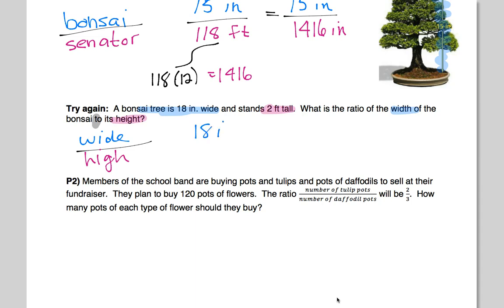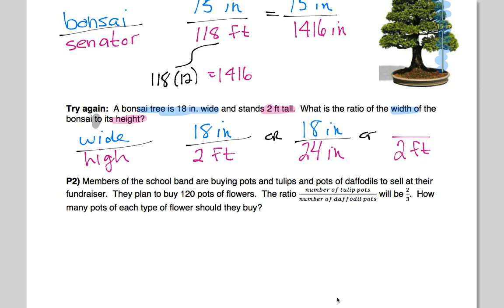So 18 inches for every 2 feet of height, or 18 inches for every 24 inches of height, or 2 feet of height is going to give us 1.5 feet. 18 inches is a foot and a half.